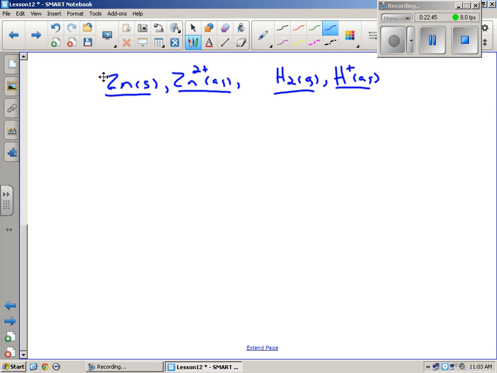Which one is the most likely out of those four things there? Out of those four, which one's the most likely to gain electrons? What is it? Most likely to gain electrons? H plus, right?